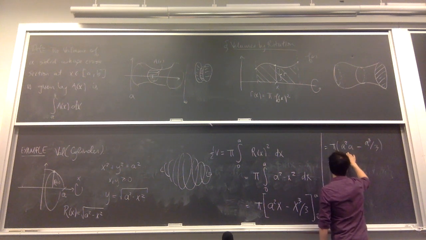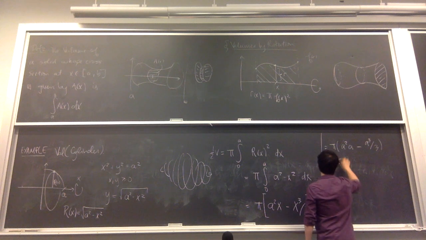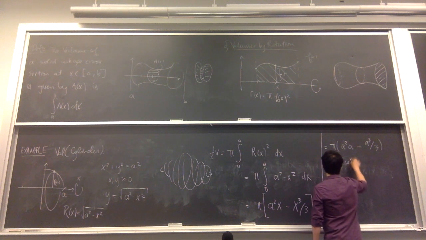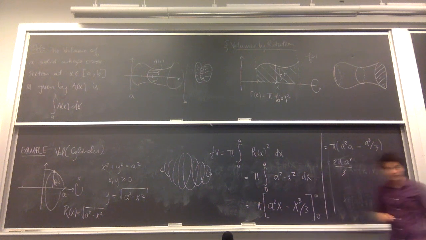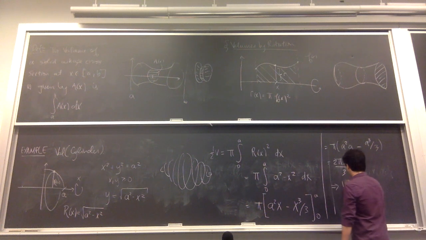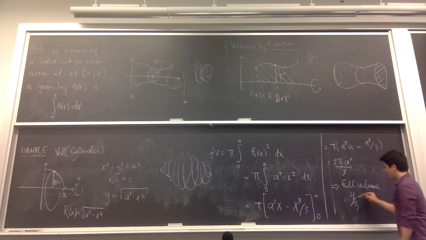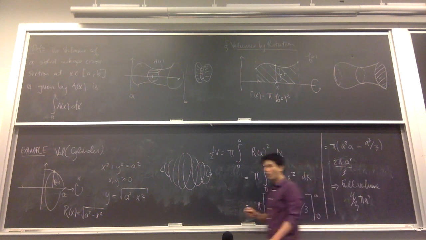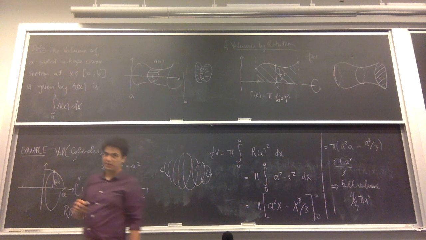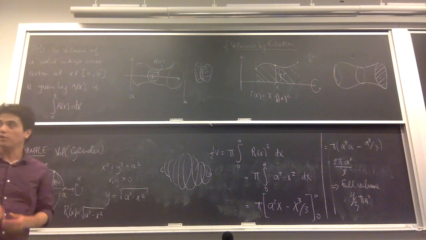This is 1 a cubed minus a third a cubed, so this is 2 pi a cubed over 3, which is half the volume, which means that the full volume is 4/3 pi a cubed. So now you know why the volume of the sphere is 4/3 pi r cubed.